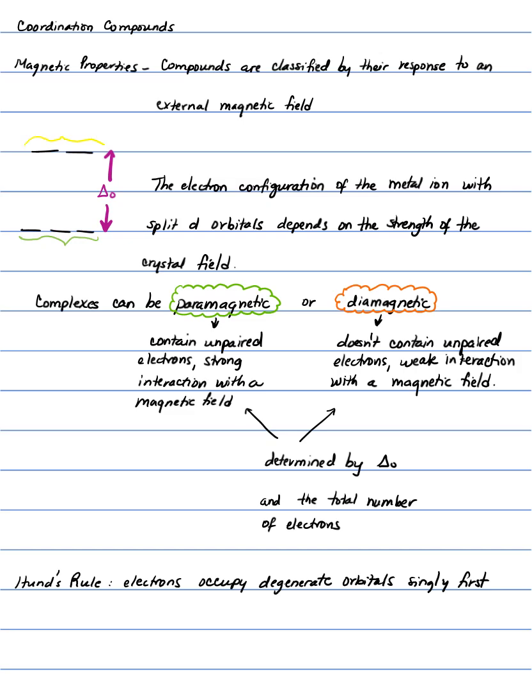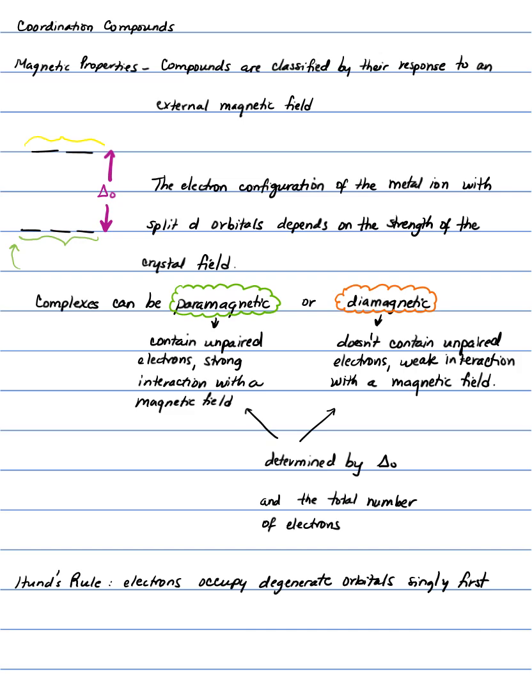So if you have just 3 electrons to place in those orbitals, you have 3 orbitals on a lower level right here. So your 3 electrons will be placed 1 in each one because you have 3 empty ones. So there's no need to pair the electrons at all. That's following Hund's rule.